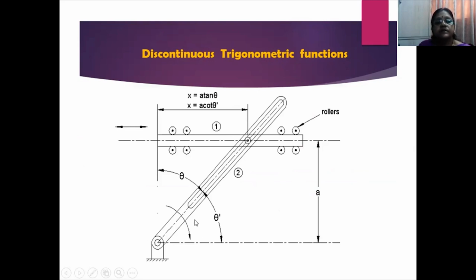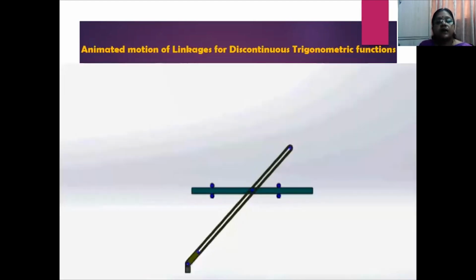This link rotates in this plane, and due to this connection with link 1 through a pin, bar 1 reciprocates to and fro in the x direction with a displacement of x is equal to a tan theta, where a is the distance between link 1 and the fixed point position. Or it is also a cot theta dash, where theta dash and theta are the angular positions of this particular link with respect to the horizontal and vertical plane. You can see how the linkage is.